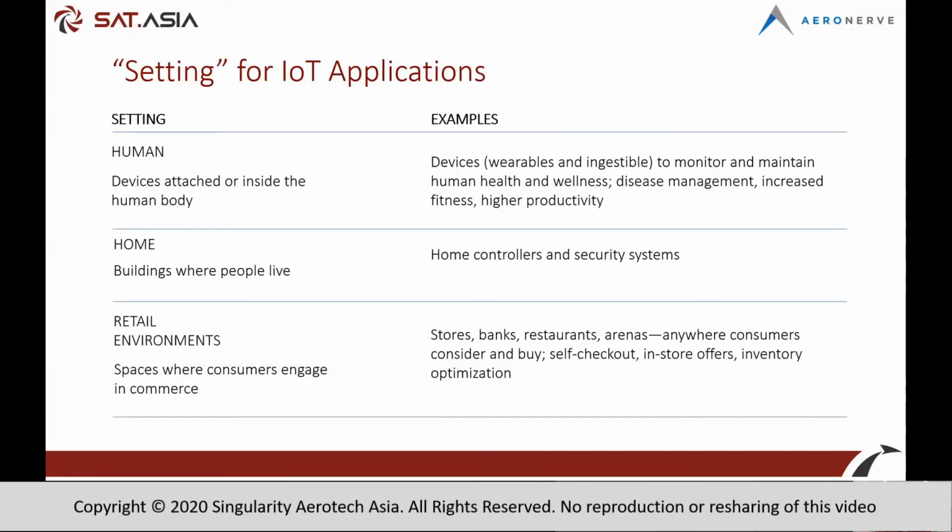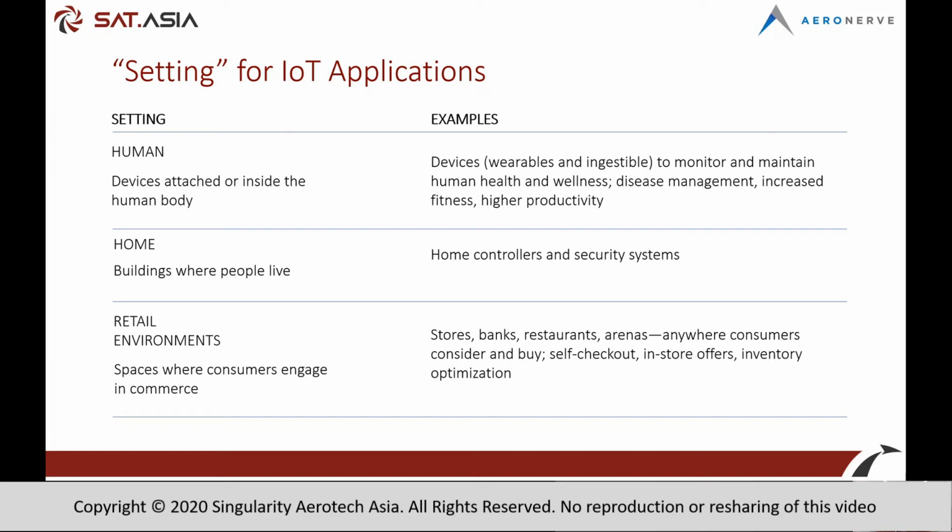Now let's talk about, okay, you have the requirement, you know what the characteristics are, so where can you apply? I'll give you some settings, some indication of place or space where you can apply, or where people are already applying IoT applications. On the left side of my screen are the settings and some examples of the application.